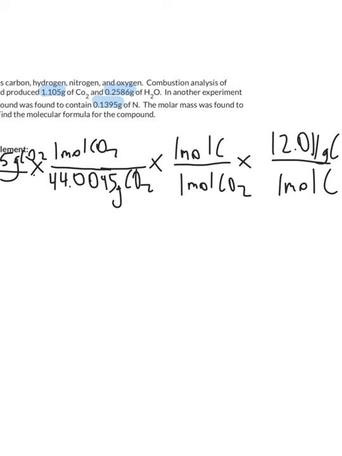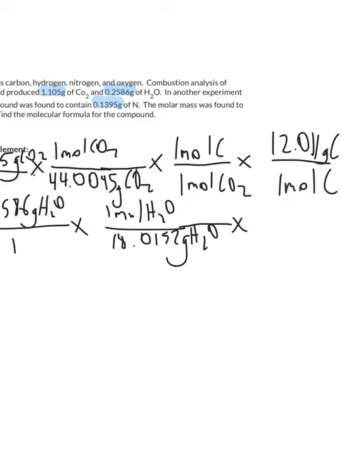Then we will do the same process to find the mass of H using 0.2586 grams of H2O, changing from grams H2O to moles H2O. Knowing that there are 2 moles of H for every mole of H2O, and finally changing from moles of H to grams of H.